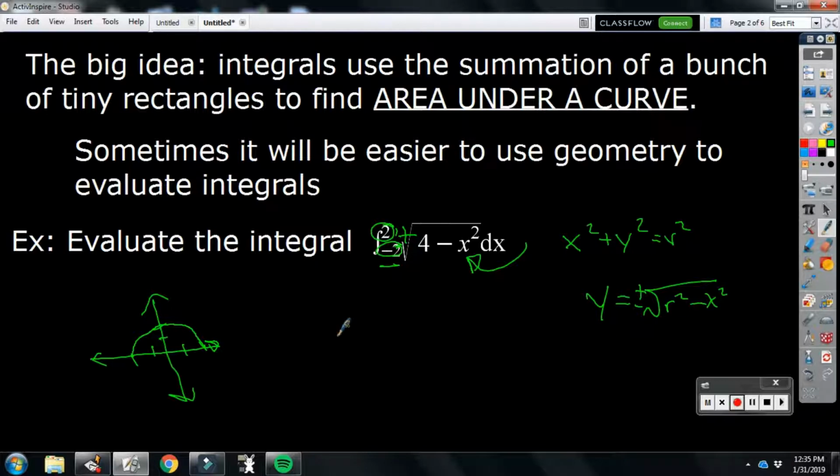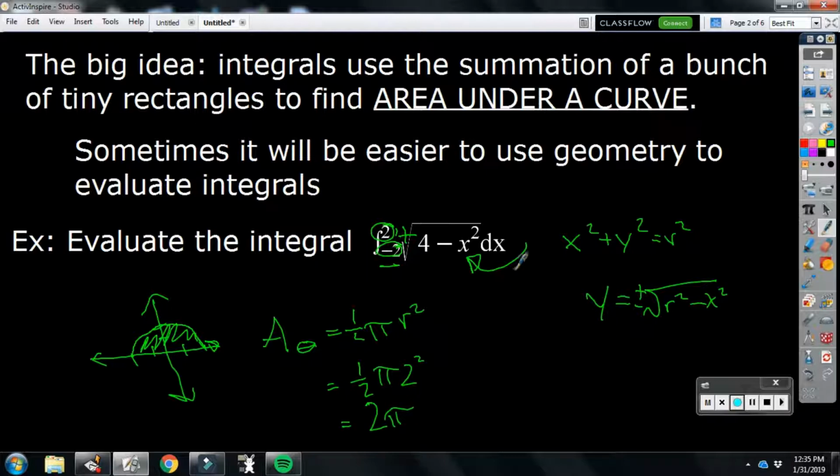And the area of a circle, we should know, is pi r squared. Well, this is a half of a circle because it's just the positive half. So it's half pi r squared for a semicircle. That's going to be 1/2 pi times the radius 2 squared, which is half of 4, 2 pi.